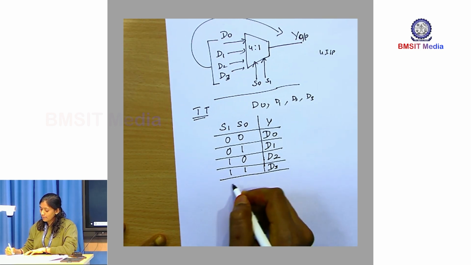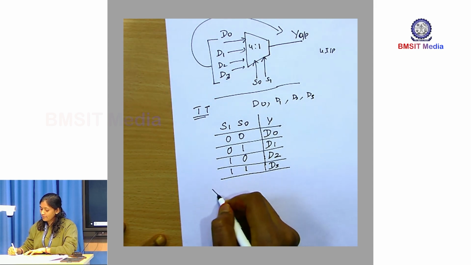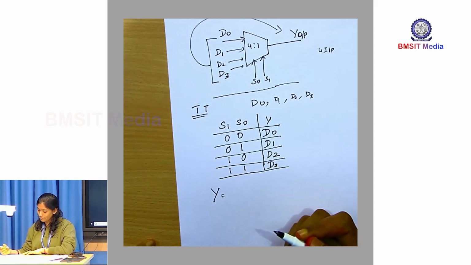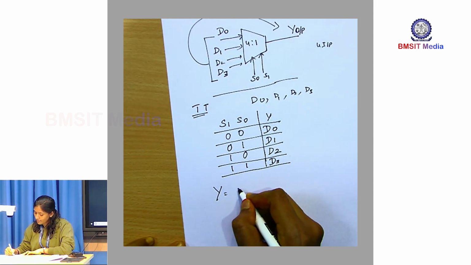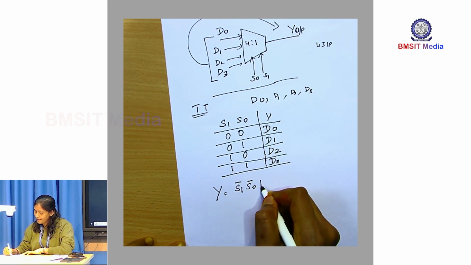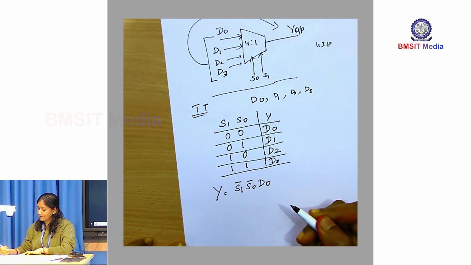Now, once the truth table is ready, we need to write the expression for y. What is the expression for y? Whenever we have S1 bar and S0 bar, data D0 is transmitted.